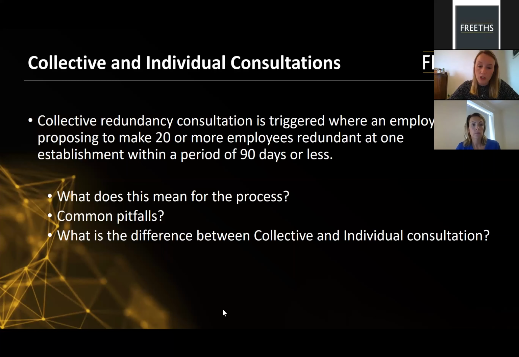So you just need to be very cautious: if there are still ongoing discussions, then let those discussions take their course and make sure you are as far down the road as you possibly can be in terms of reaching agreement, which is obviously the key for the collective consultation process.